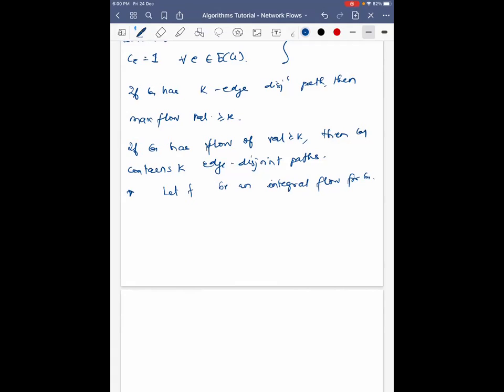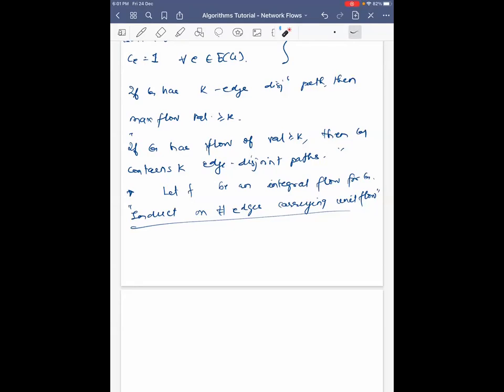Now, in order to show this statement, we'll be using induction on the number of edges carrying unit flow. This is the crucial point for why we need integrality: the capacity of every edge is 1.